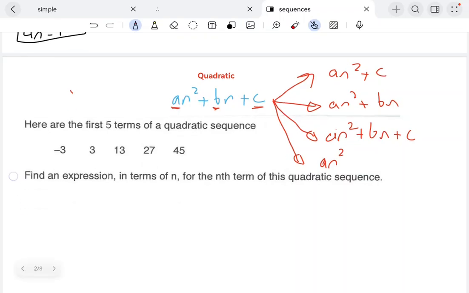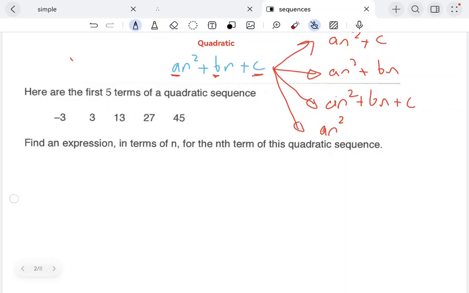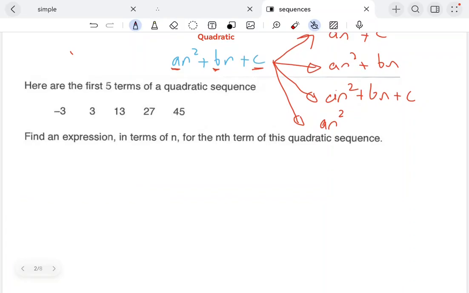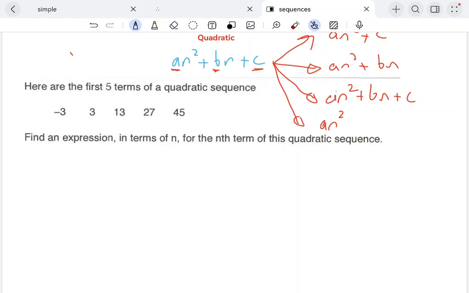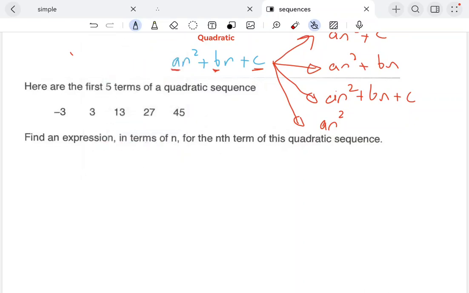Let's see our example, how it's going to be. So I'm going to teach you the first way that is used by many teachers, especially in our school, which is I get to check. Not for sure, in the exam it's not going to tell you it's quadratic. In the exam, don't expect that it's going to tell you it's quadratic. No way. You have to figure out.